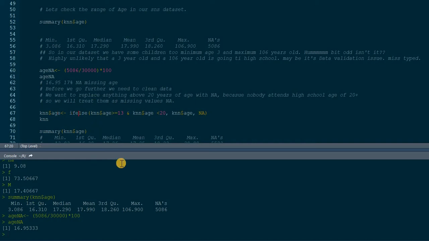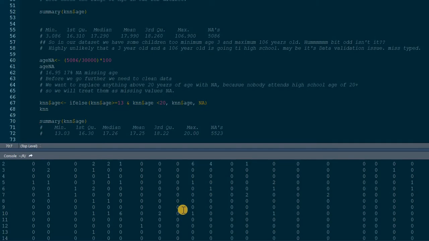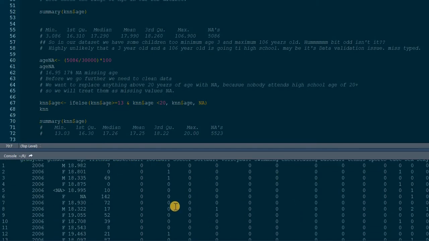Then if you apply that and pull that back, here you go. So it's replaced with NA. So anything below 13 years of age, or anything less than 20, we'll keep that age.